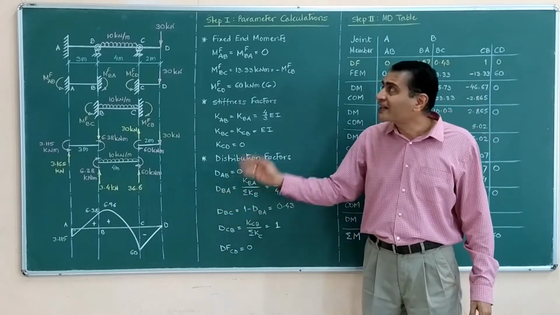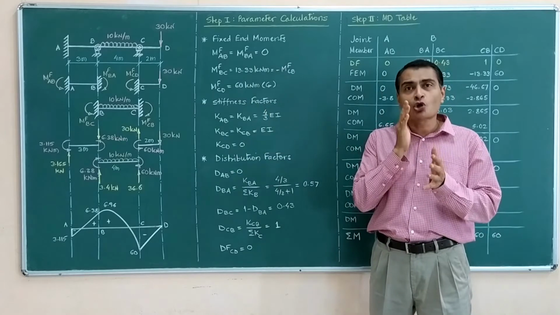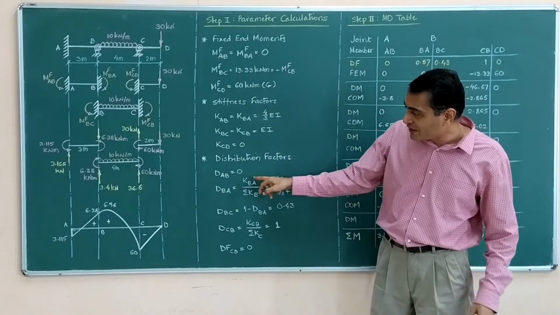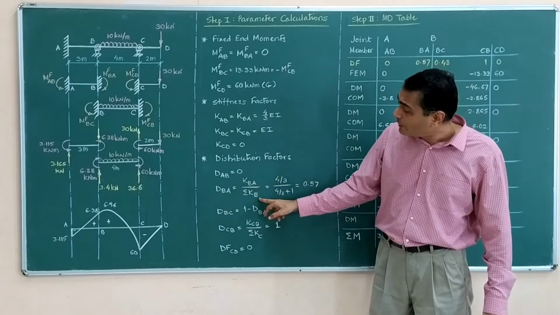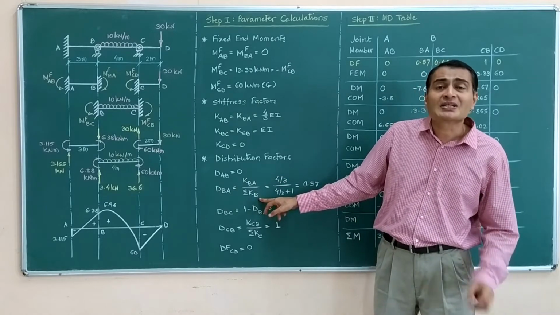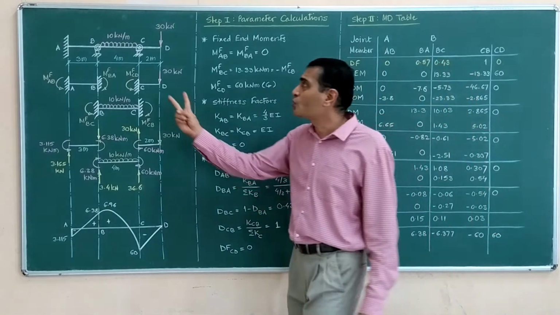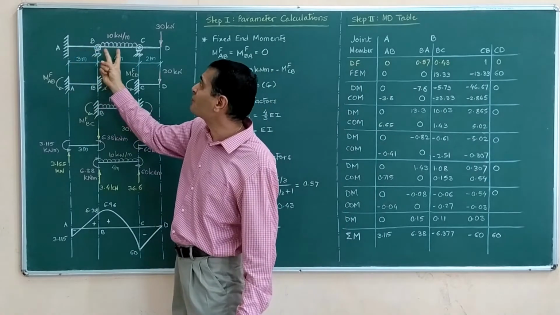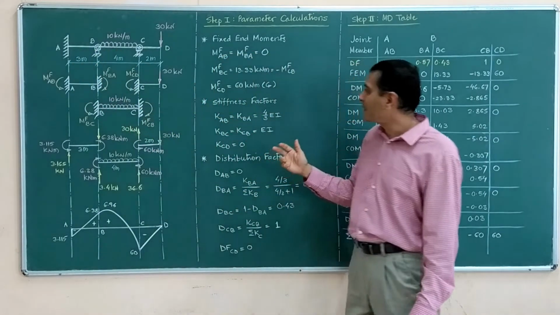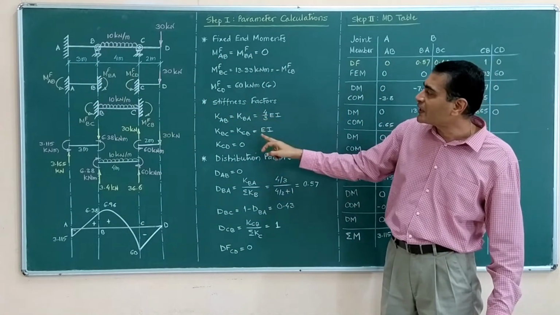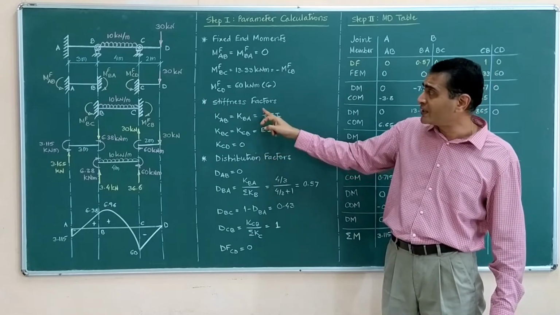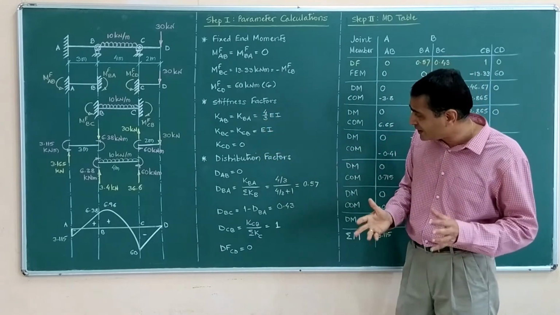Then distribution factor BA means member BA at joint B. So there I am writing stiffness of BA upon sigma stiffness at B joint. So it is going to be stiffness of BA plus stiffness of BC. Those we have written here. This is 4 by 3 plus 1. So 1.33 plus 1 means 2.33.